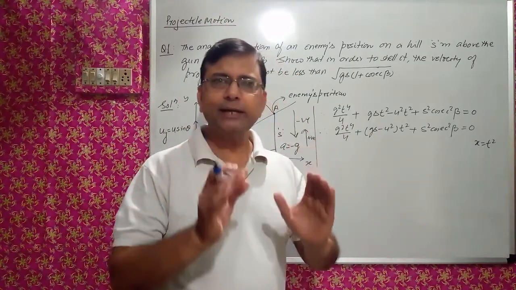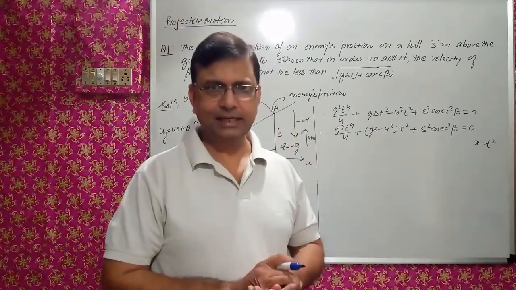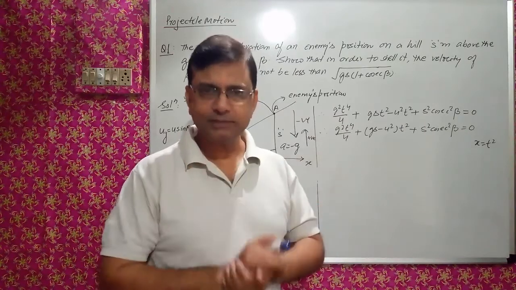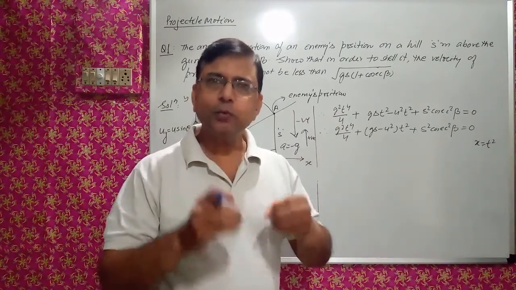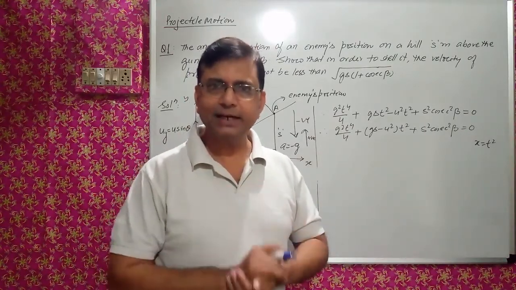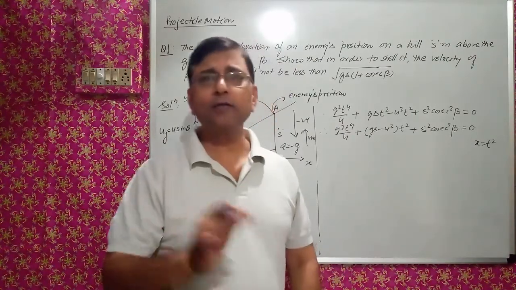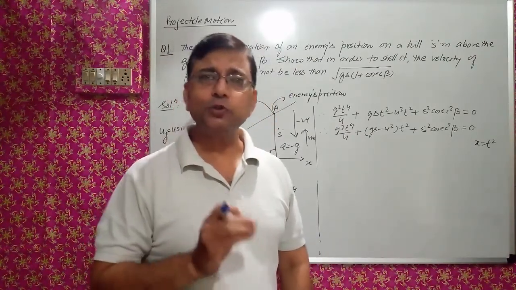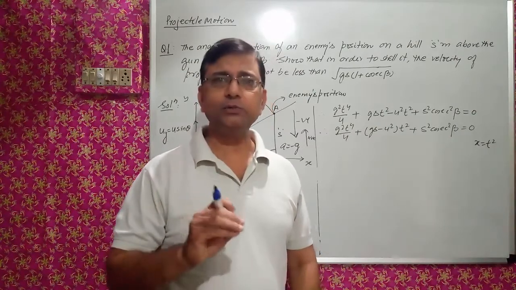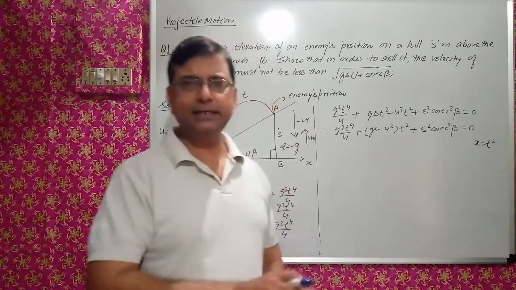So for t square to be real, t square will always be positive. So for t square to be real, what is the condition? The discriminant of this quadratic equation should be greater than or equal to 0. That we know, we have studied in lower classes.